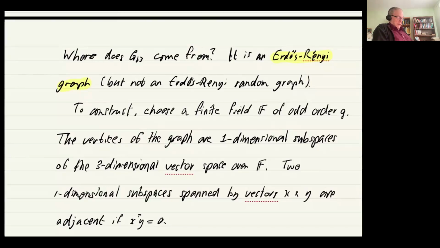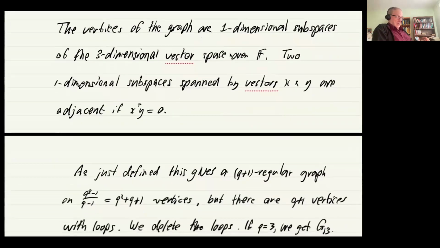Now, you have to be a bit cautious with the dot product over finite fields, but X transpose X is still defined, so this still makes sense. Okay, so that gives a graph, and that is the Erdős-Rényi graph, and so we get one for each finite field of order Q.